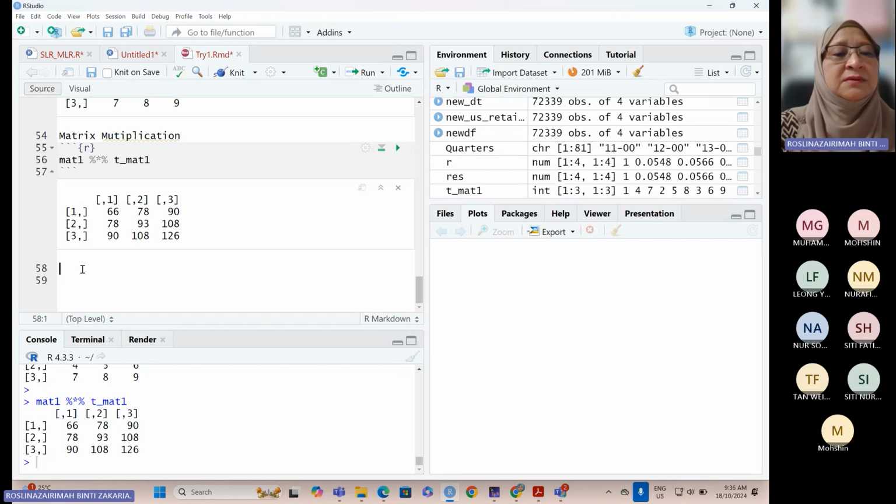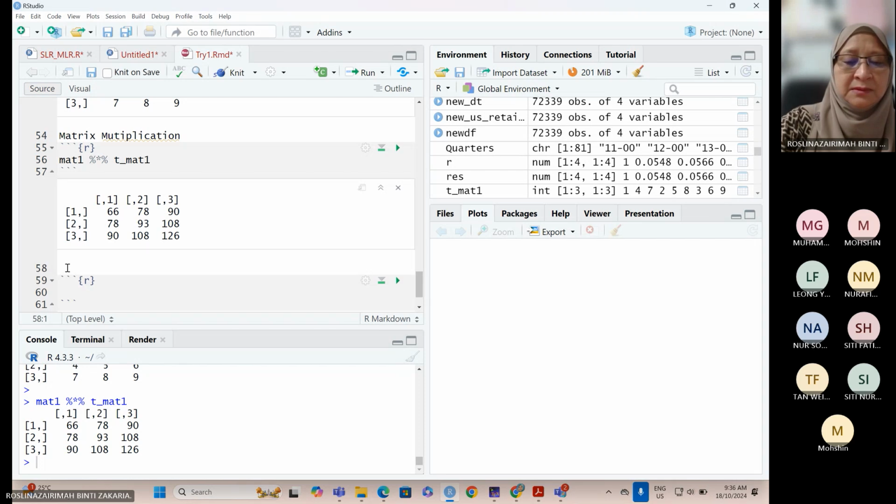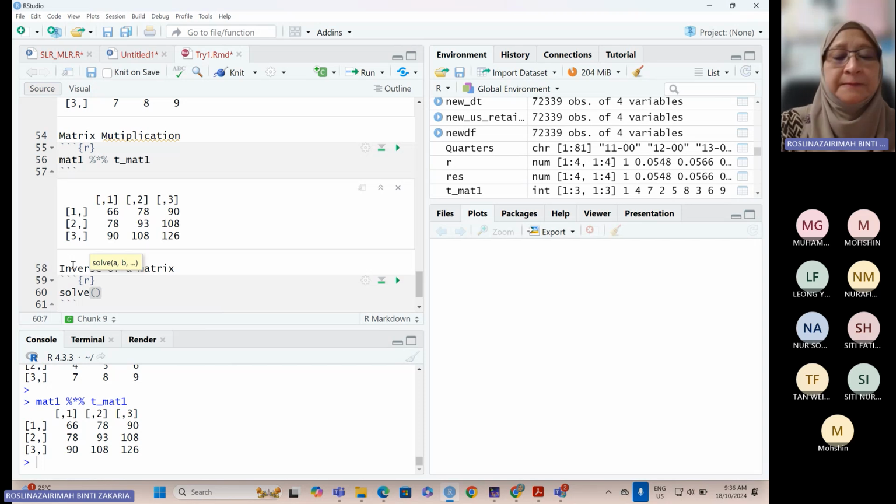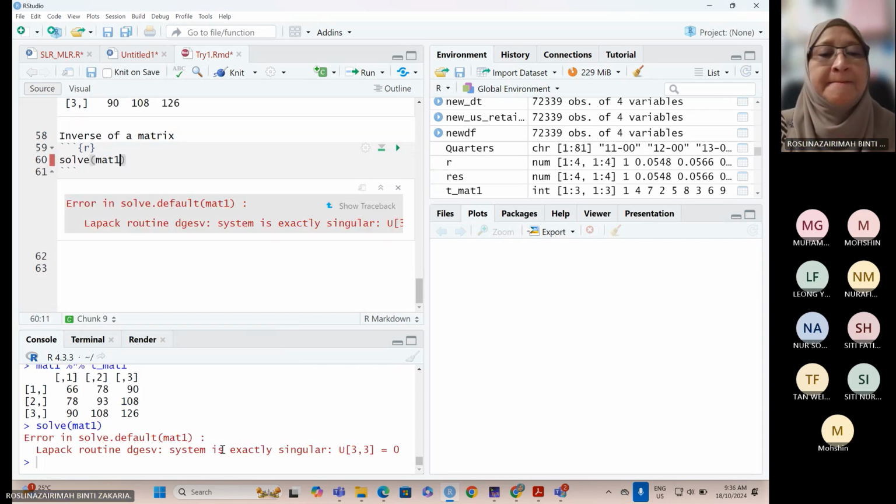Let's see, we want to find the inverse, so we use solve. Oh, it is zero, singular. This is a singular matrix.